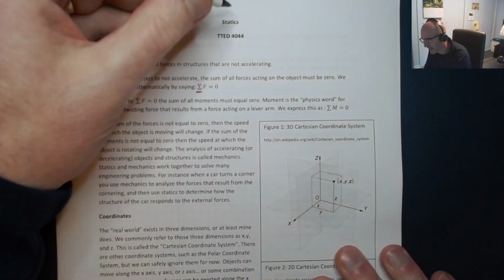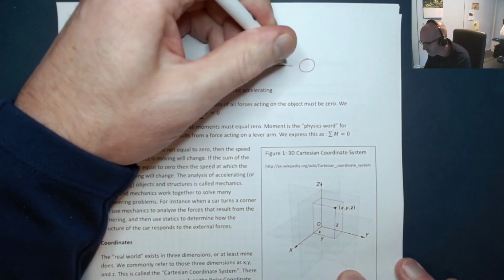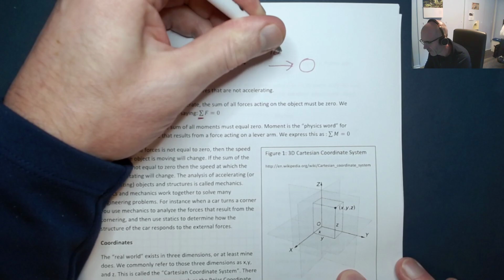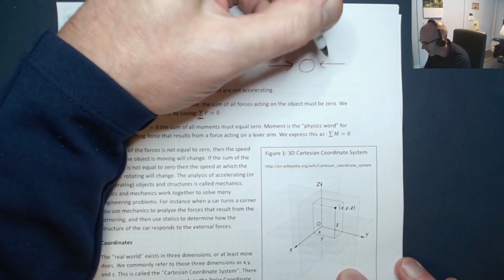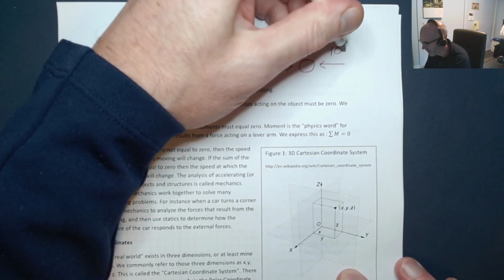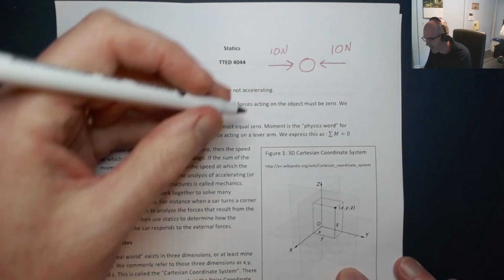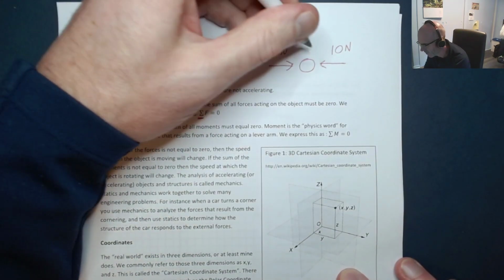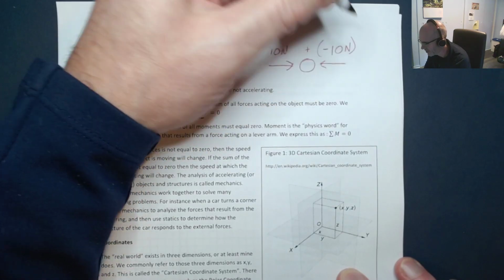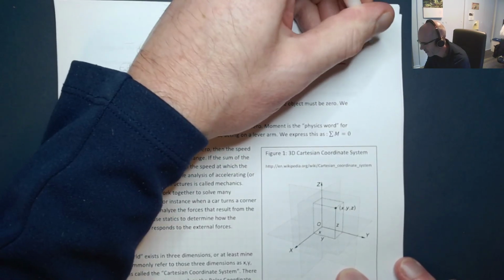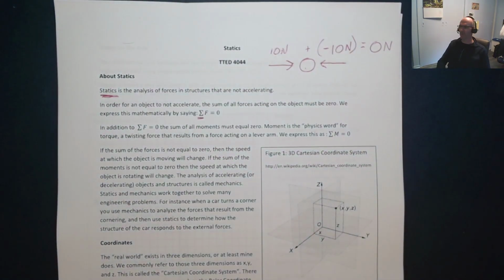So what we're saying is that if you've got an object sitting right here and somebody's pushing on it this way with 10 newtons, then if you want it to stay static, somebody better be pushing that backwards with 10 newtons in the opposite direction, because 10 newtons this way plus 10 newtons in a negative direction is going to come out to equal 0 newtons, and our object will not be moving.